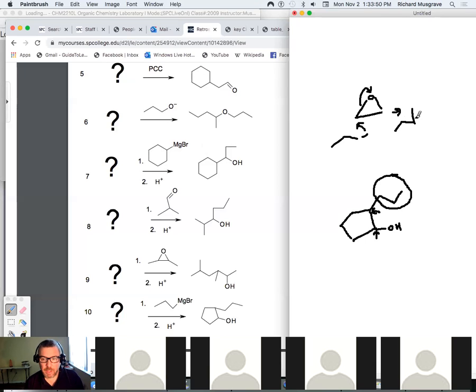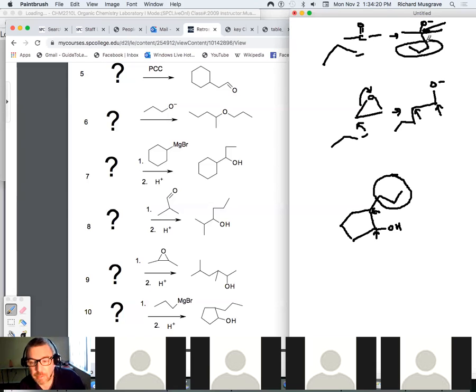You can see here in the pattern how we end up with that situation. And then if it's like it is in number 7, then you can see how that ends up on the same carbon. Right. That's a good question, and that's the reason. Okay, thank you.